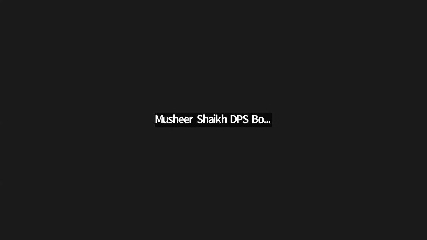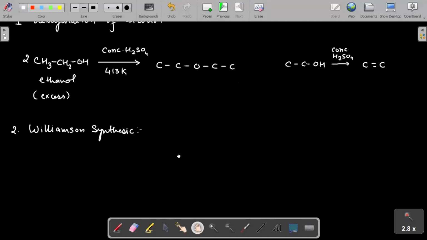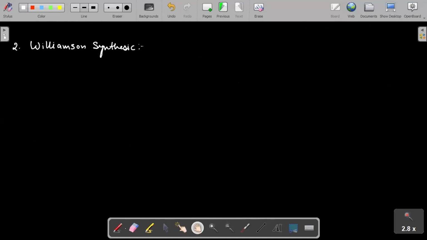The next method is a very, very important method for preparing ethers, that is Williamson synthesis. In fact, this reaction is asked either in the form of a name reaction or an application-based type of question. Let us first understand what the Williamson synthesis reaction is.